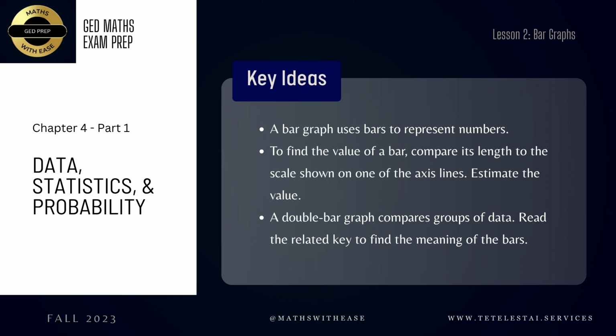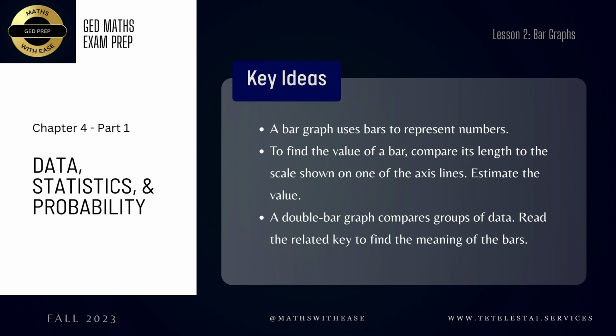So when you're working with bar graphs, know that they use bars. Bar graphs use bars to represent values. And bar graphs will usually have two axis lines, a vertical, which is usually called the y-axis, and a horizontal, which is usually referred to as the x-axis. Okay, and one line shows a number scale, and the other line would show labels for the bars.